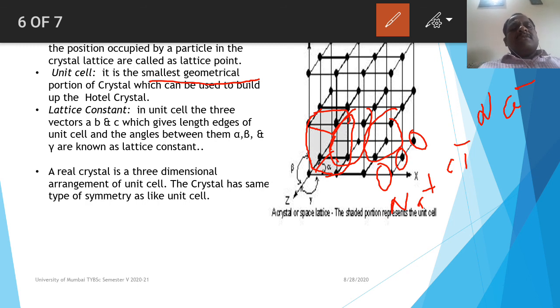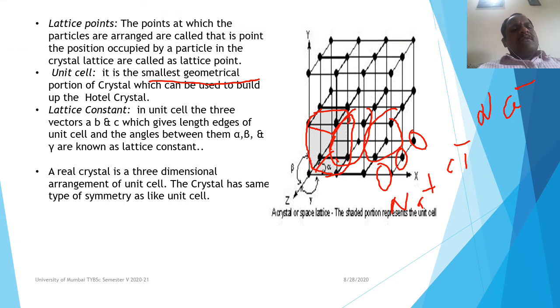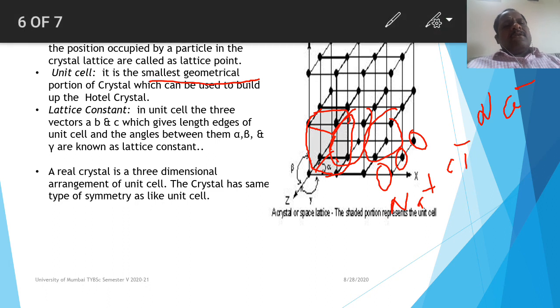Now, what is a lattice constant? In a unit cell there are three important edges, that is A, B, C. I will tell you here.